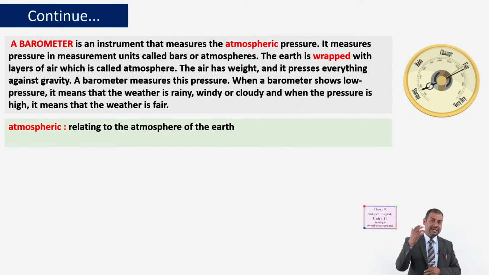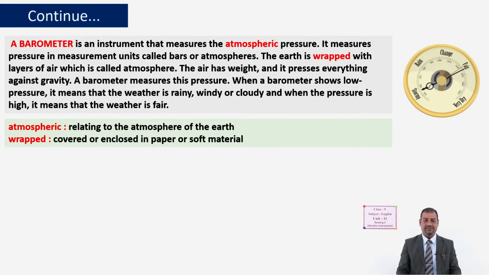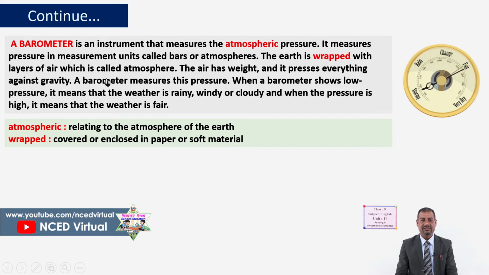Good. The next word we have is wrapped. How do you pronounce it? Wrapped. What does it mean? Have you made a guess? The earth is wrapped with layers of air, which is called atmosphere. So what does it mean? Okay, let me show you. Covered or enclosed in paper or soft material, but here not paper or soft material.